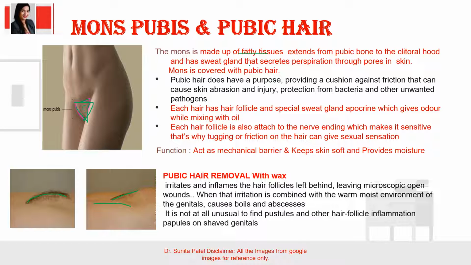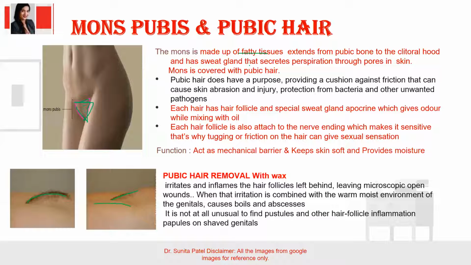So that is going to leave some microscopic openings behind. And those microscopic skin pores are going to come in contact with the external surface of your panties. So whatever small particles are present in our clothes are going to block those small openings.